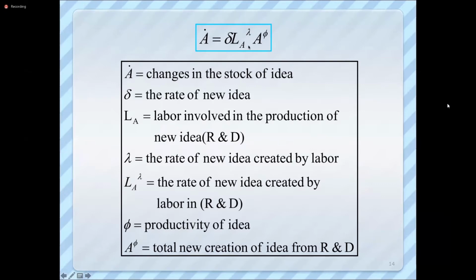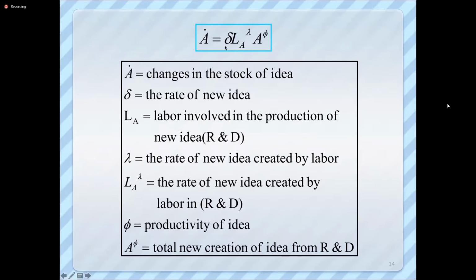However, the number of labor itself is not so important. You may have a smaller number of researchers, but no duplication at all. Or you may have too many people doing research, but there may be duplication. Remember, this lambda can take the value of 0 or 1. So you have the number of labor doing research, but that also depends on whether there is duplication.